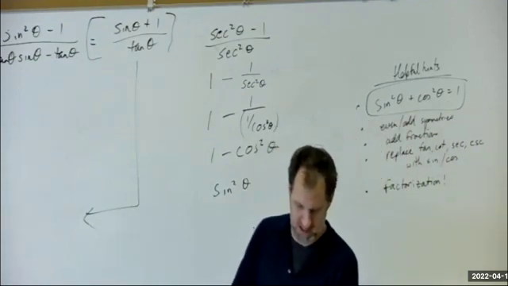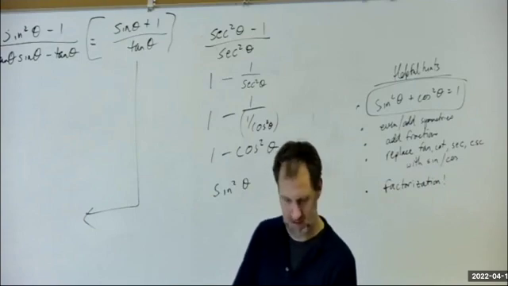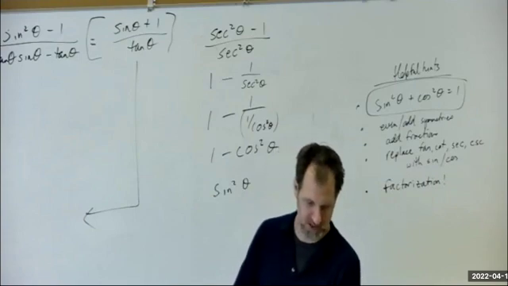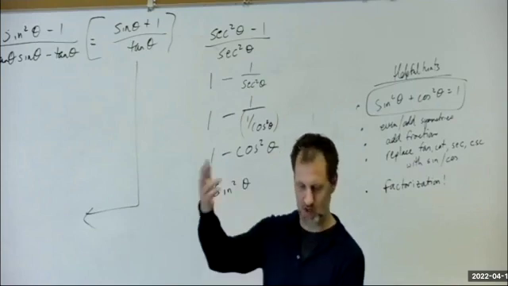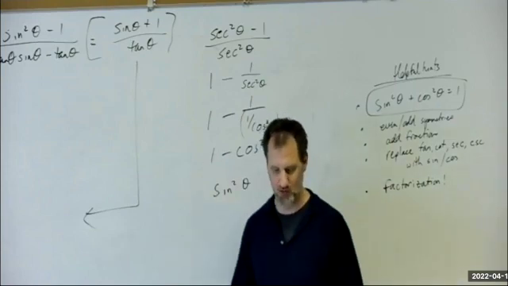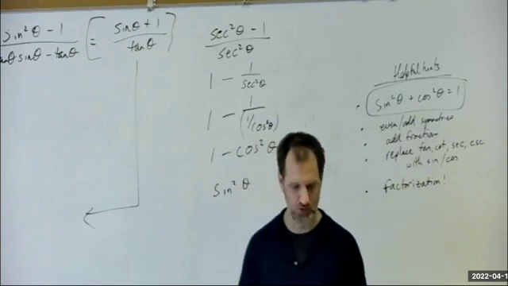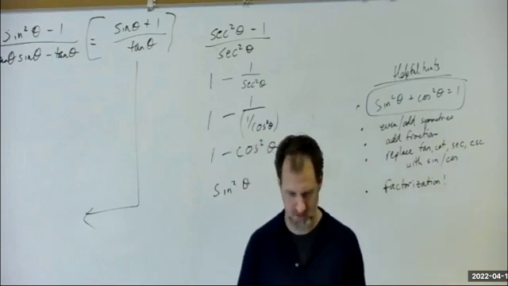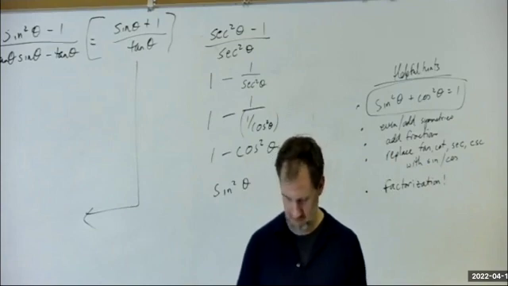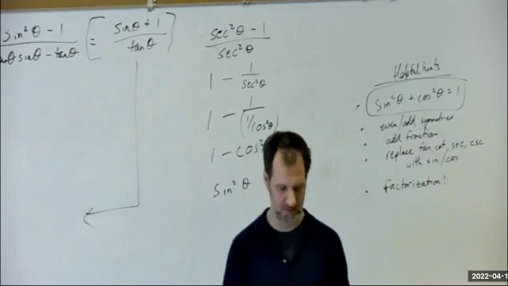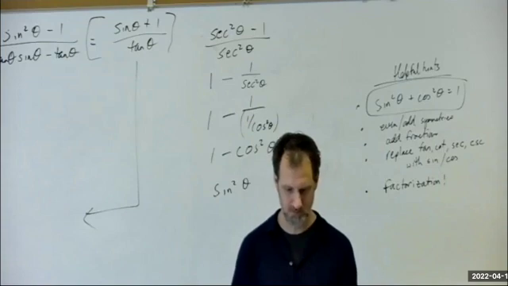Replacing tangent with sine over cosine, it'll still get you there, but it's going to make it harder in a way, partly because of where you're going to end up. The desired goal has something to do with your strategy. Give me another minute.